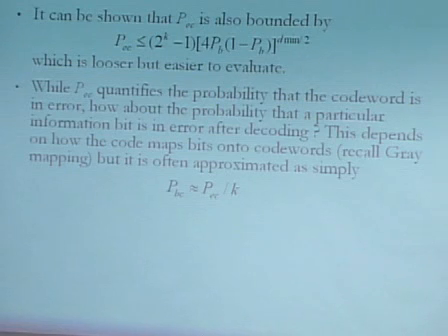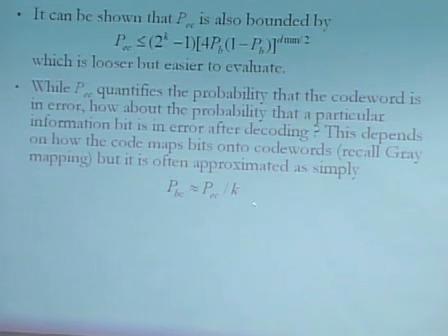Remember what we saw in gray mapping, right? 2 points that are neighbors in the constellation, we want to make sure that they only differ by 1 bit, right? So here's the same thing. You want to make sure that 2 code words that are at minimum distance differ by as few bits as possible in terms of the information bits, okay? So the message bits, all right? So if we do that carefully, then it works out that the probability of a bit in error is approximately the probability of the code word in error divided by k, where k is the number of bits in the message, okay?